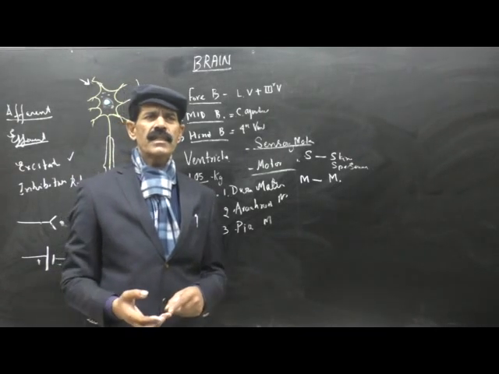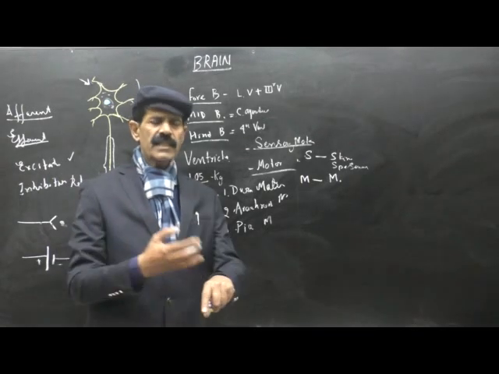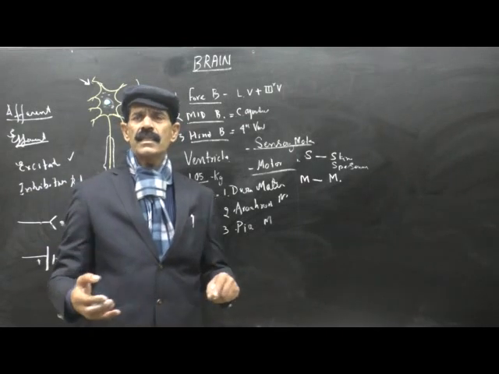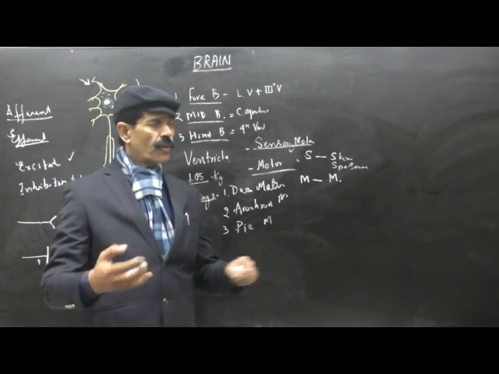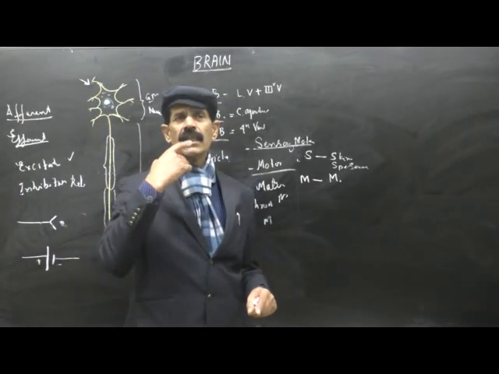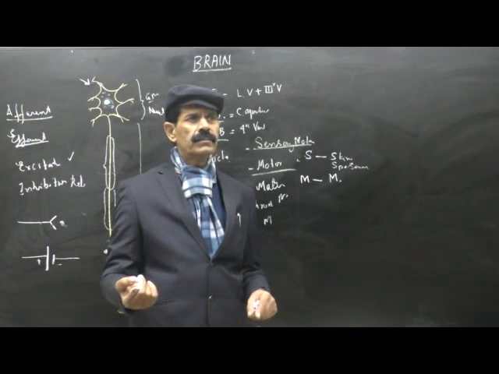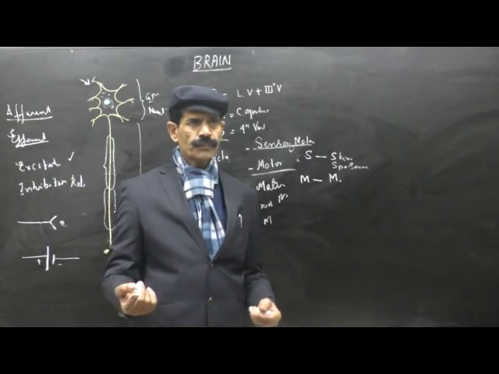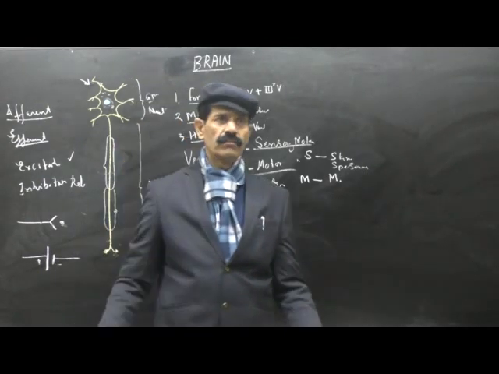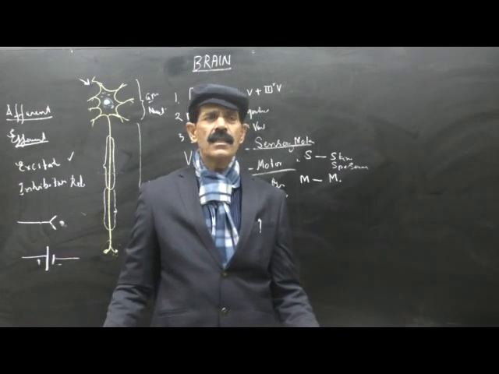The 4 general sensations are pain, temperature, pressure and touch. So our skin is sensitive from head to toe for these modalities of the general senses. Then the 4 special senses are hearing, smell, taste and vision. So these are called the special sense organs.